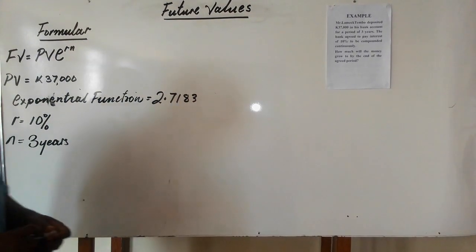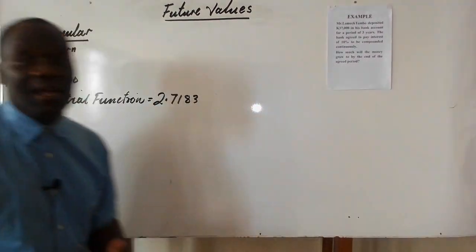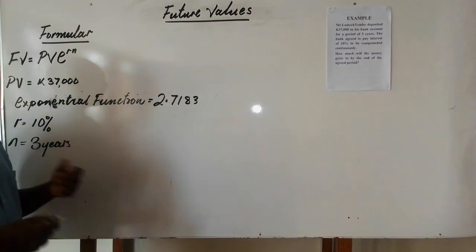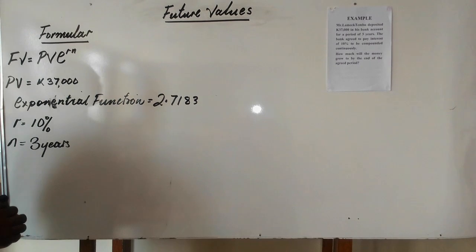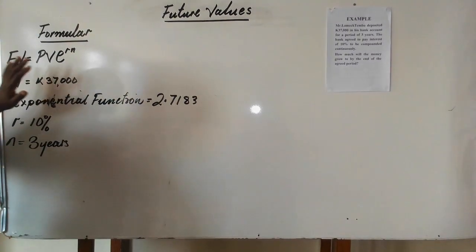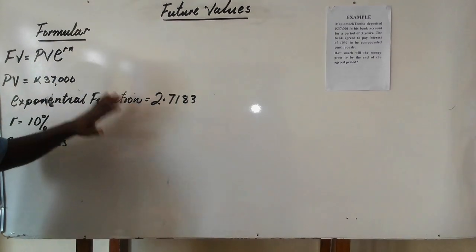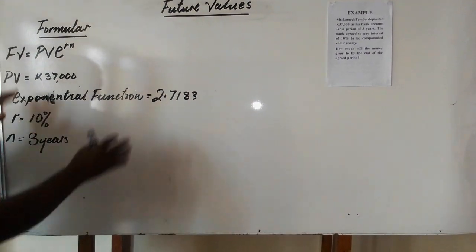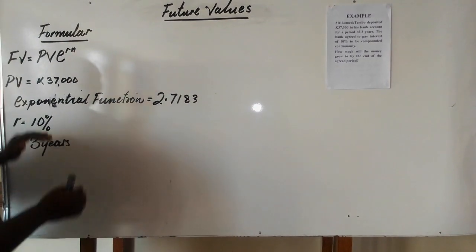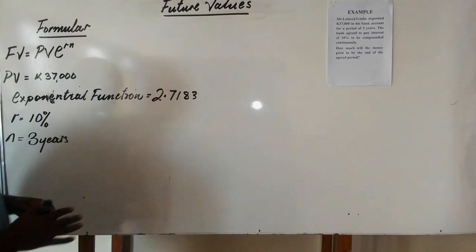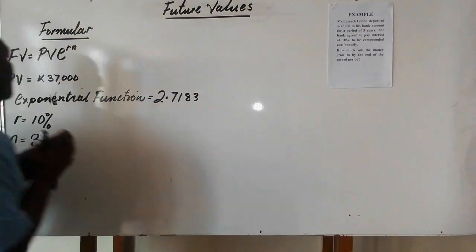Now, I want us to solve the question together so that you understand it better. My belief is that you have taken note of this, because I'm going to wrap this, then remain with the function. Let us continue.